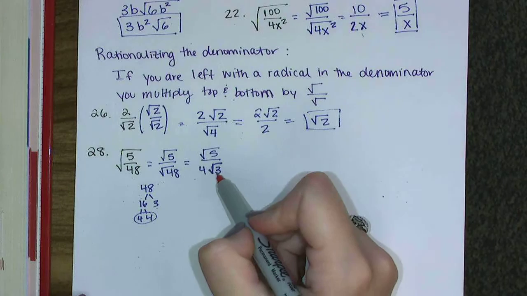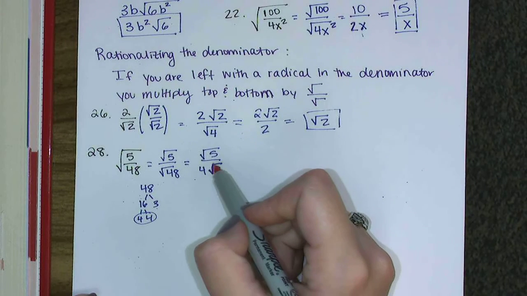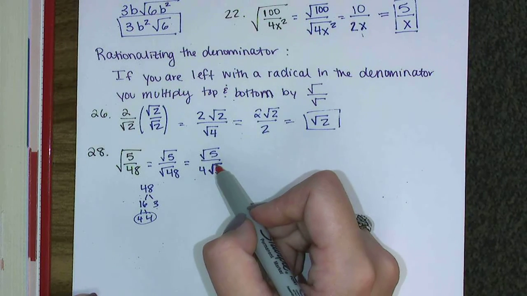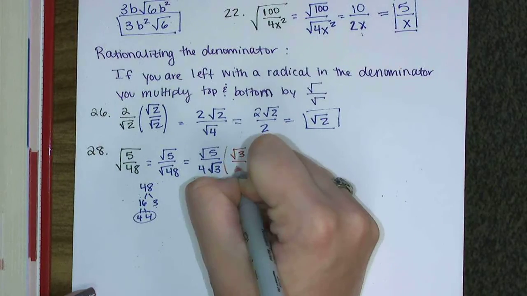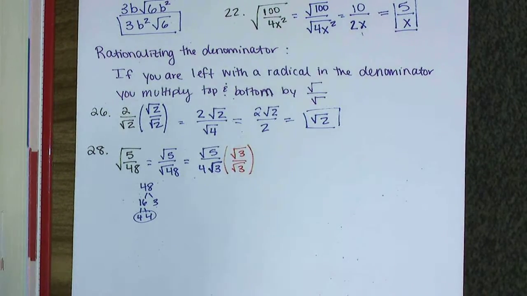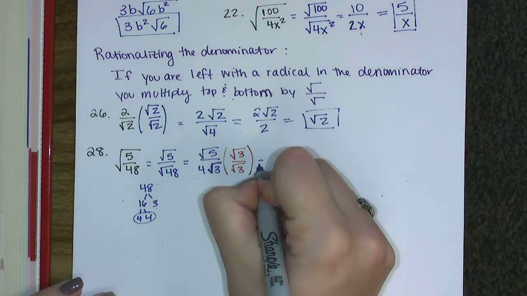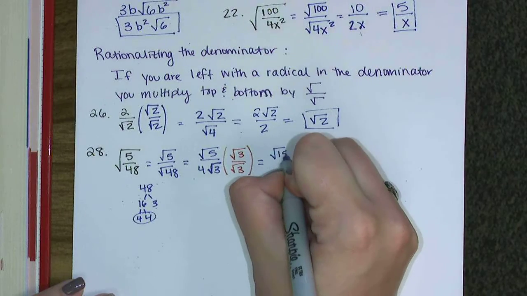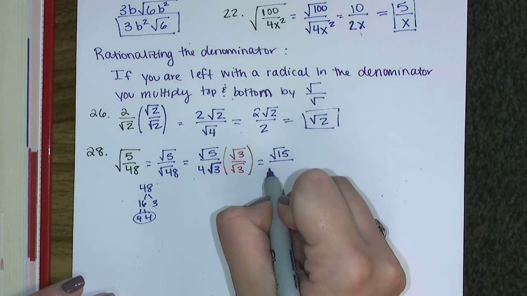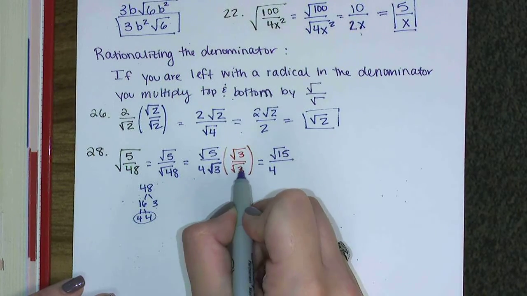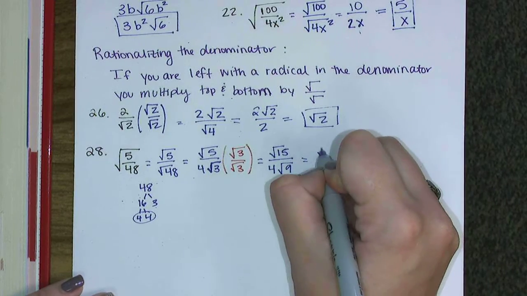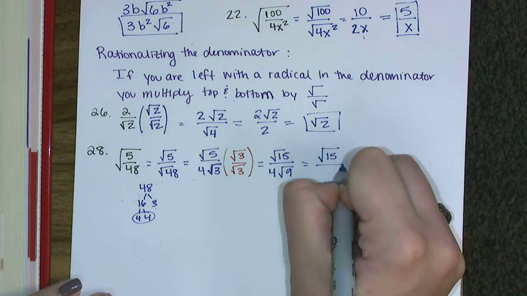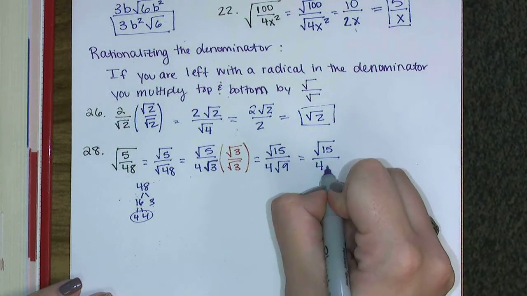So we multiply by the square root of 3 over the square root of 3, which on the top gives me the square root of 5 times the square root of 3, which is the square root of 15, over 4 times the square root of 3 times the square root of 3, which is the square root of 9. So this simplifies to the square root of 15 over 4 times the square root of 9, which is 3, which then gives us the square root of 15 over 12.